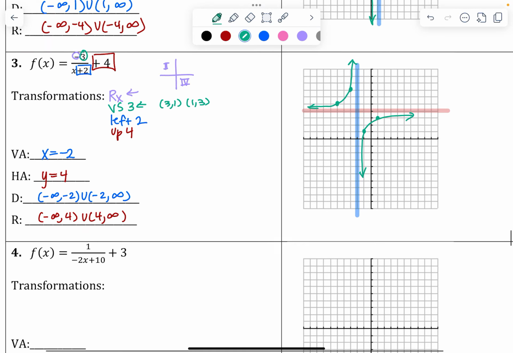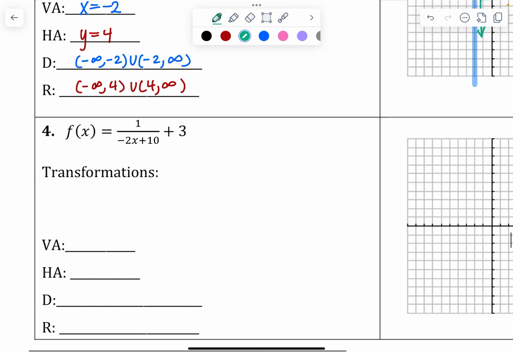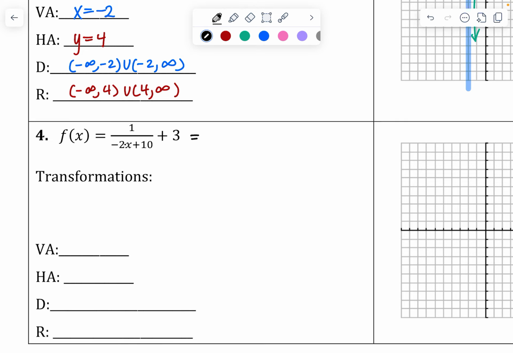All right, last one, the most complicated one. Whenever you have a number being multiplied by x, you actually have to factor that number out. So I need to add parentheses to separate that -2, and then divide this 10 by that -2. Sometimes you might even be left with a fraction there.